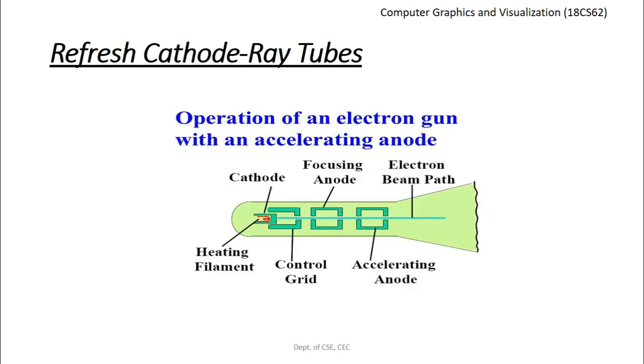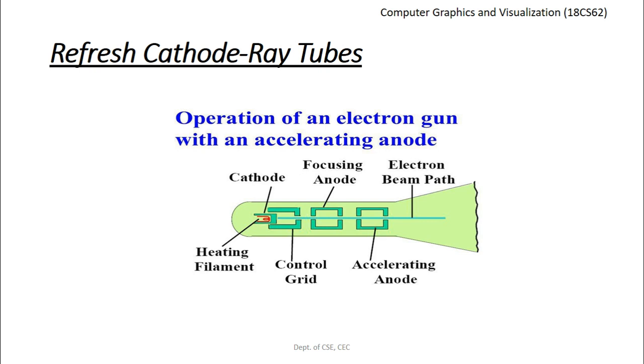Now let us try to understand the focusing mechanism in a cathode ray tube. The primary components of an electron gun in a CRT are the heated metal cathode, as shown here, and a control grid. The heat is supplied to the cathode by directing a current through a coil of wire called the filament inside the cylindrical cathode structure.